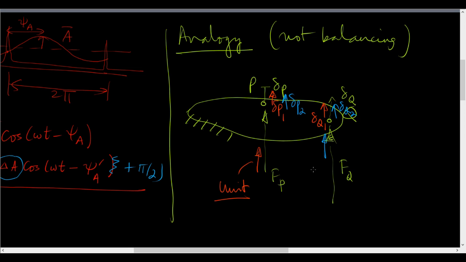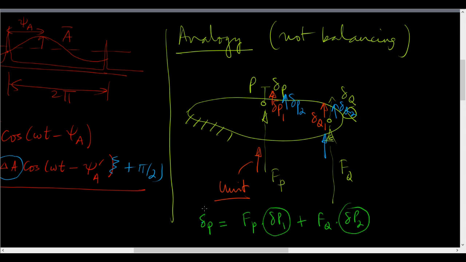And then you see my final result is going to be delta P is equal to the force here, so that's Fp times delta P1, which is a measured quantity, plus the force here which is Fq times the displacement here, which is delta P2.